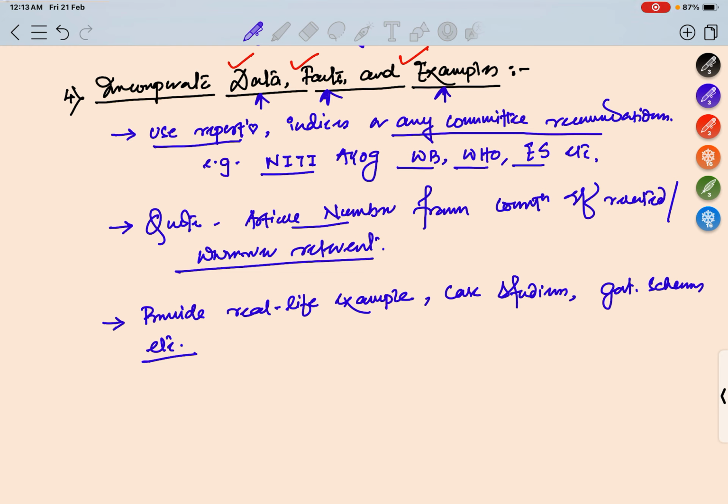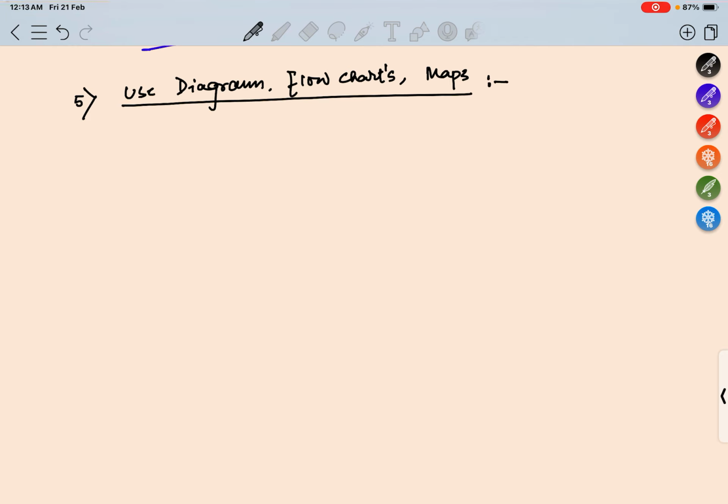Next, how to make your answer more attractive? The next point you should remember, number 5, is to use diagrams, flowcharts or maps. Always use these.